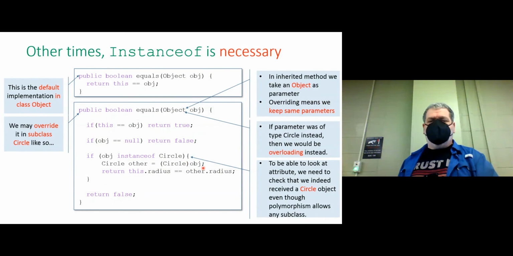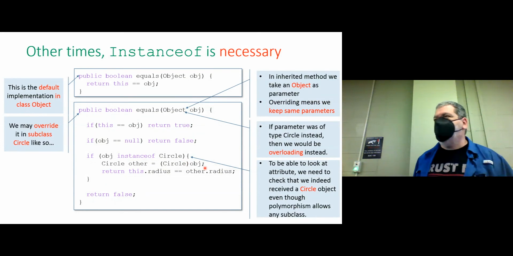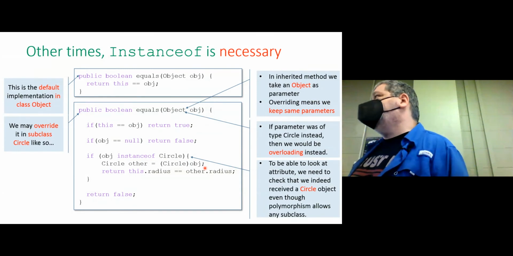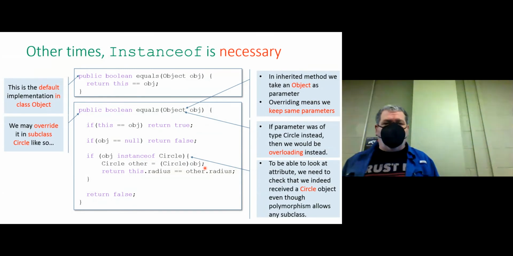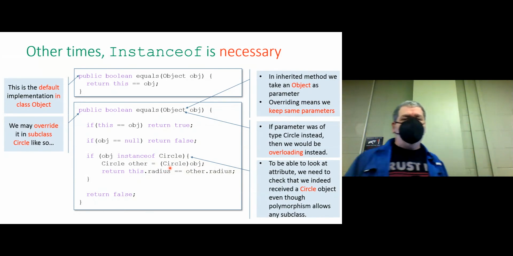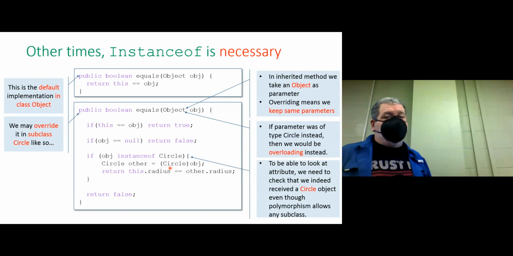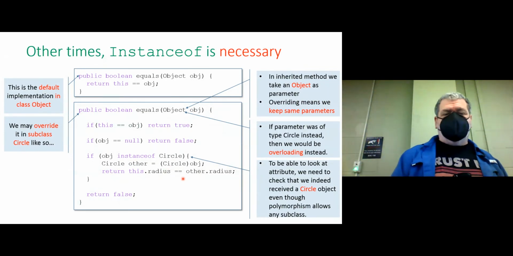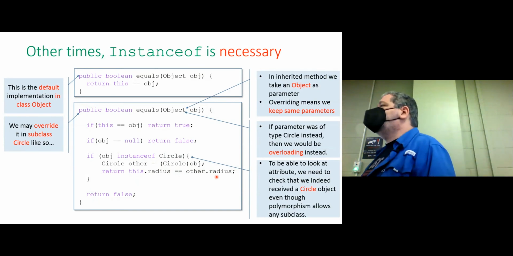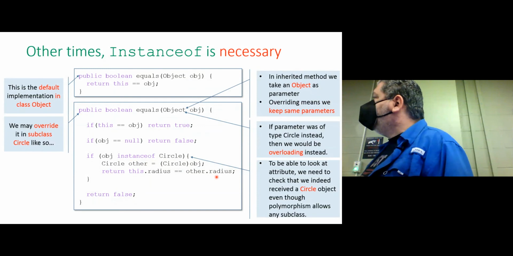And I do the same thing as before, but in two steps instead of one, just to show you that it's possible. I declare a variable circle over, and then I assign to it the typecast of the obj reference into circle. So I can look at it as a circle now, and I'm going to compare the radius of this object with the radius of the other object, the object that was given to me as parameter.